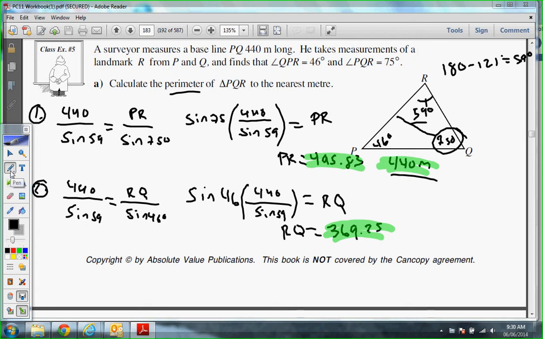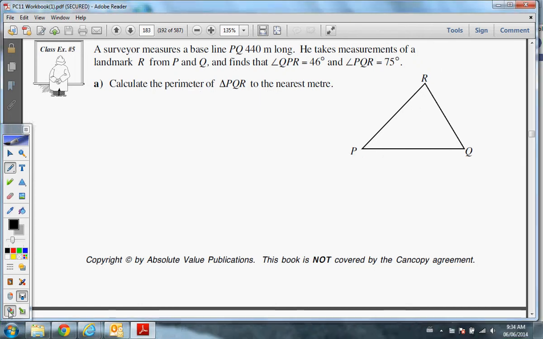When you do that, the perimeter of triangle PQR, we get 1305 meters. Okay, and then part B, the last part here, we need to kind of remember that information, so hopefully you have it.